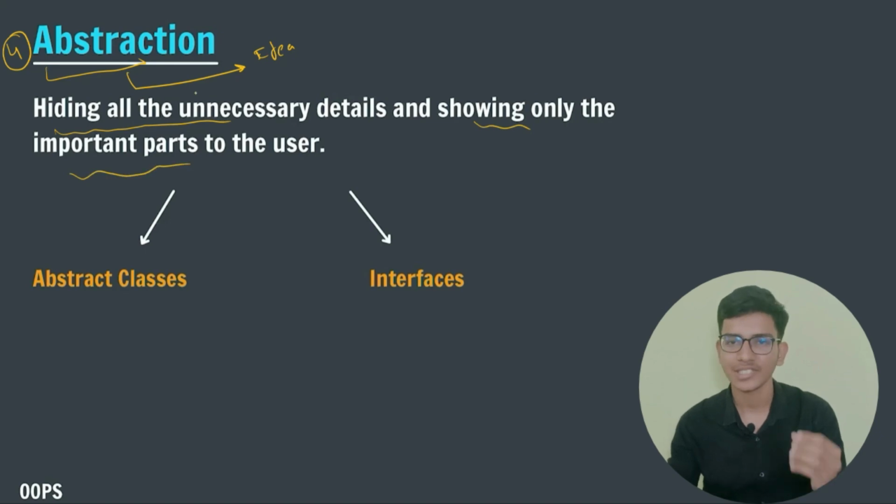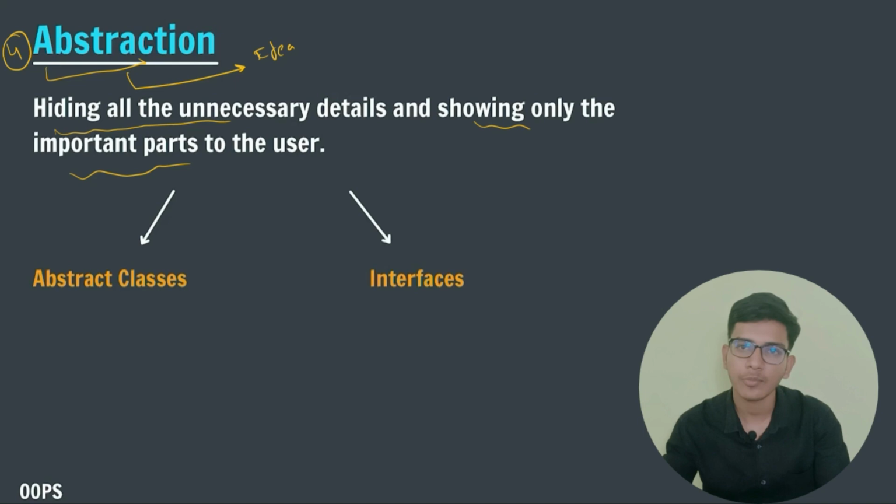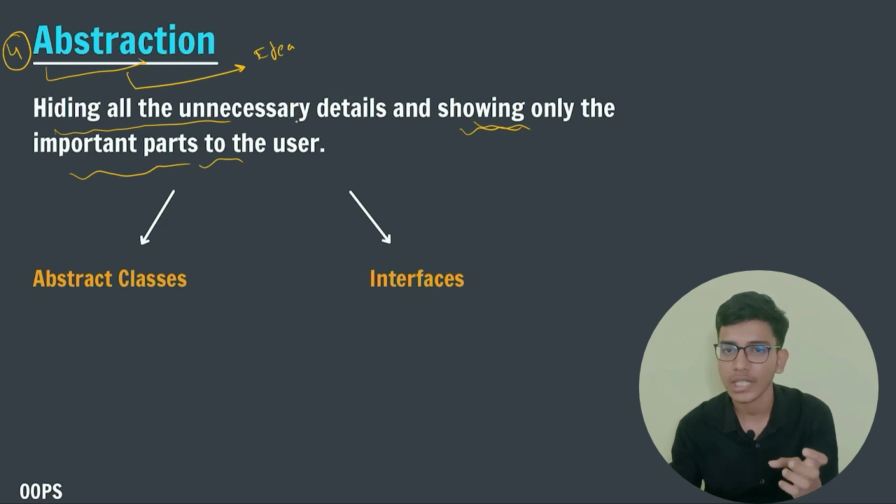This resembles encapsulation. In encapsulation, we combine methods and attributes, and we hide some data which is not necessary for our user. In abstraction also, we are doing the same thing. We hide the unnecessary data, but here we also show the important part that is necessary for our user.